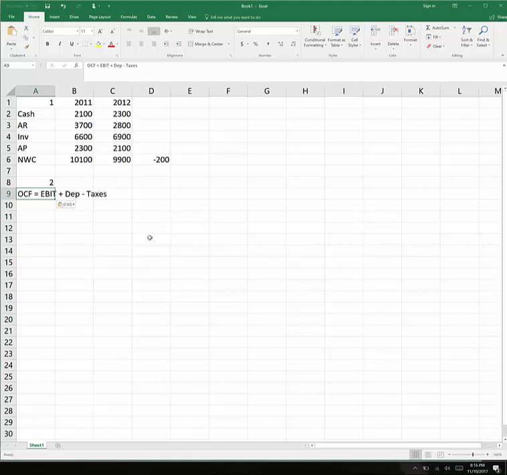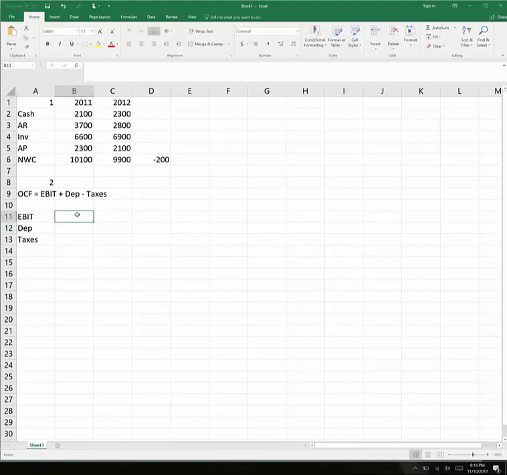The second question asks for calculation of operating cash flow. That is earnings before interest and taxes plus depreciation minus taxes.